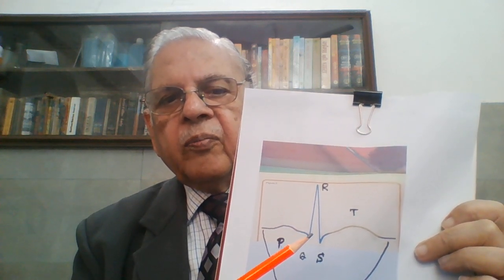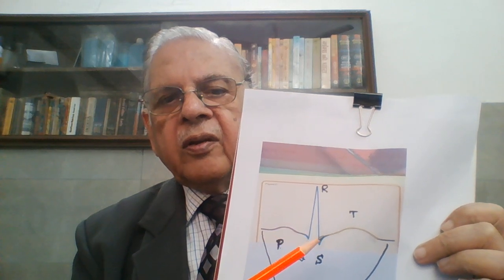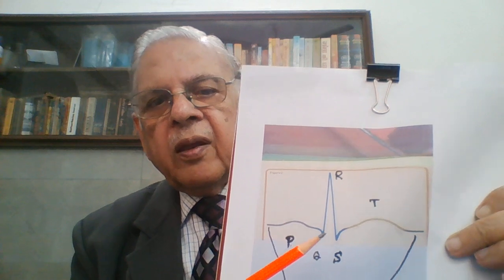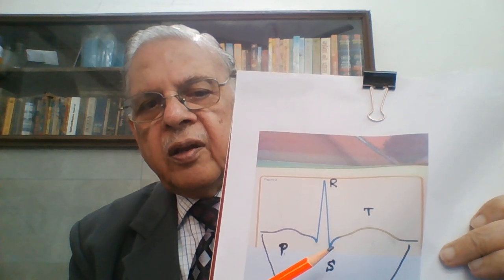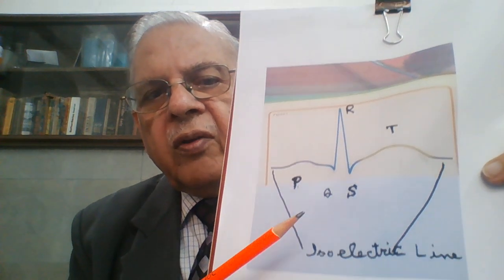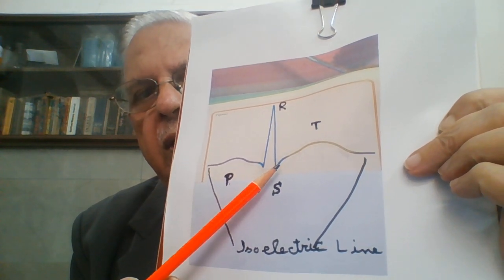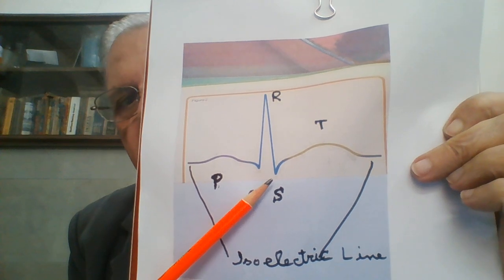This pointed tall wave is called the R wave. This small wave here is called the Q wave, and this small wave after the R wave is the S wave.